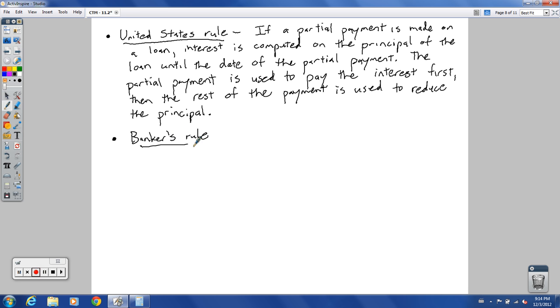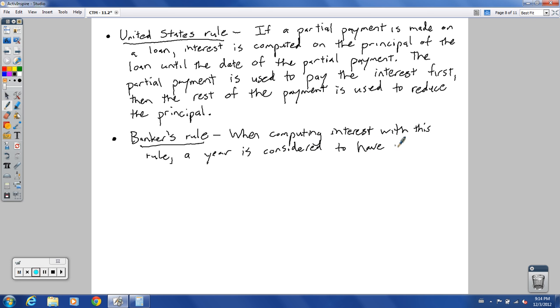So the banker's rule, one other rule, a little shorter here. When computing interest with the banker's rule, a year is considered to have 360 days instead of 365. So 360 years, whoa, 360 days.